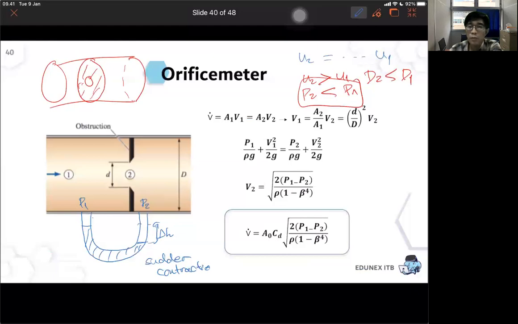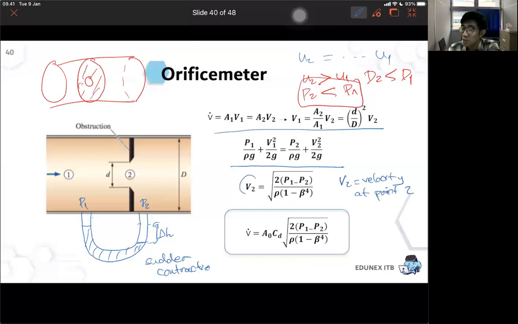And the same, you do the calculation by using the mass balance, combine it with the energy balance, then you can calculate the velocity. V2 is the velocity at point 2. I'm sorry, the symbol is also changed.